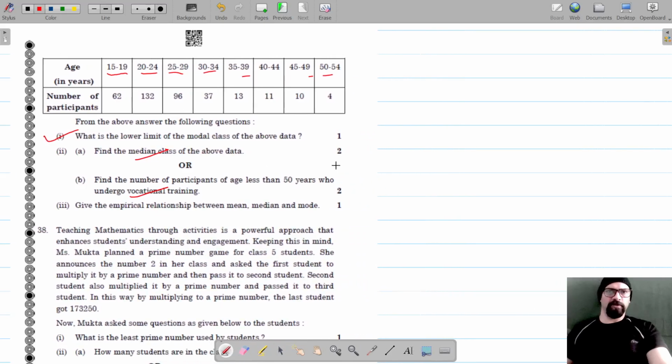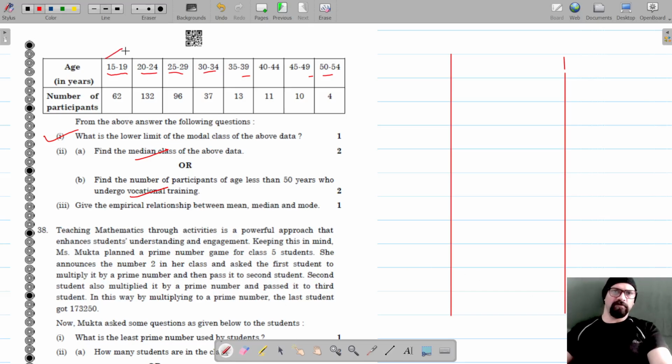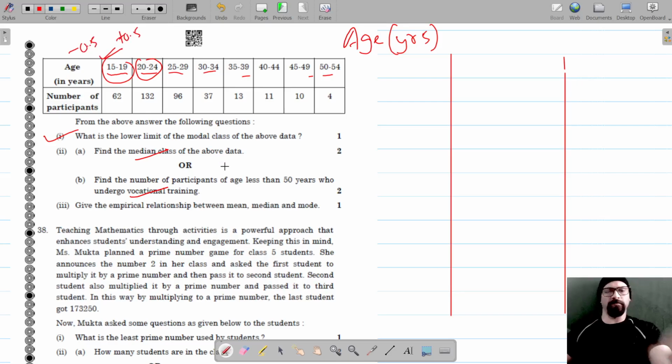So I'm going to prepare this data here. The first column should be age in years, and the second should be the frequency, which is the number of participants. Because this is not continuous, I'm going to make it continuous by subtracting 0.5 from the lower limit and adding 0.5 to the upper limit.